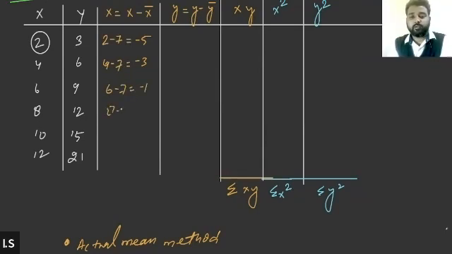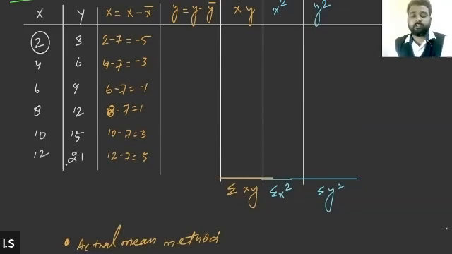Then 8 minus 7 equals 1. 10 minus 7 equals 3. And 12 minus 7 equals 5.